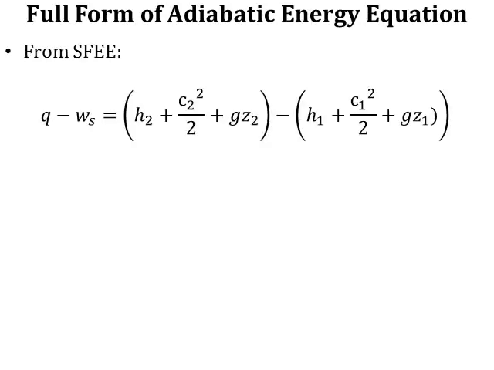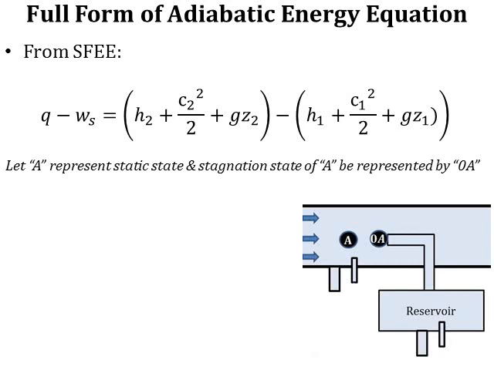Now, from the steady flow energy equation, we obtain the following relation. This equation represents the steady flow energy equation. Let A represent the static state of a fluid and the corresponding stagnation state be represented by 0A.